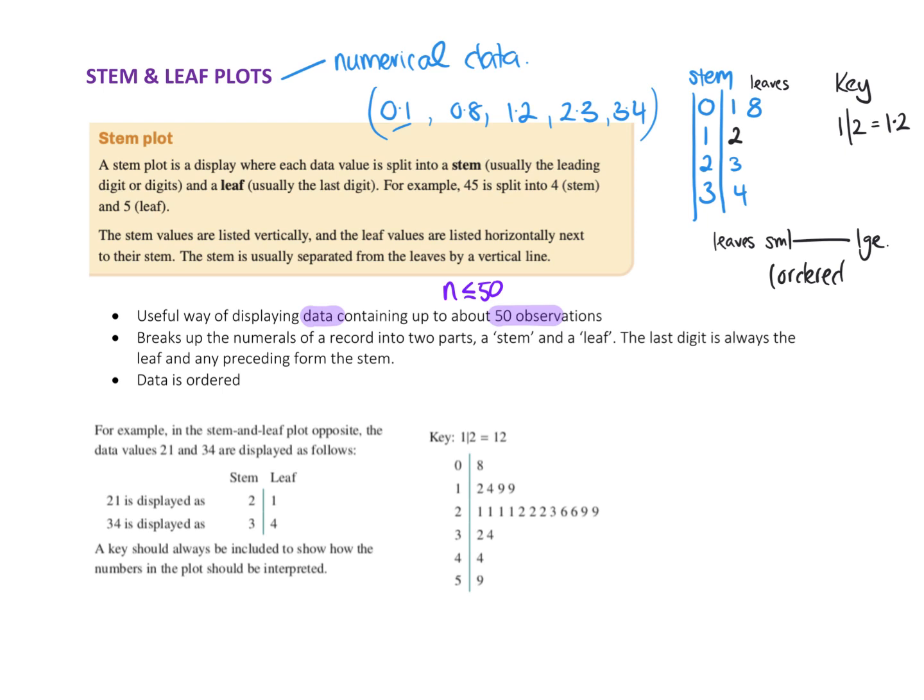Before, I said for the dot plots, we normally say for data less than 20. Okay, and it breaks it up into two parts, which we've talked about, and the data is ordered. So you can see here they've done an example, and they've told me with the key that 1|2 means a 12.